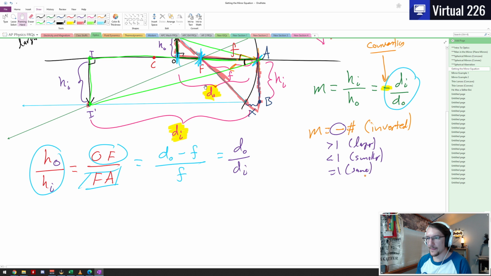And if we run a little bit of algebra on this, which is always a pleasant time, we should be able to quickly see that we get the following equation.